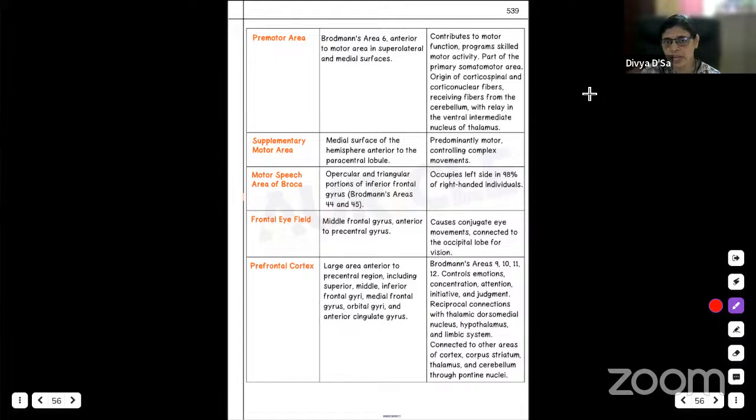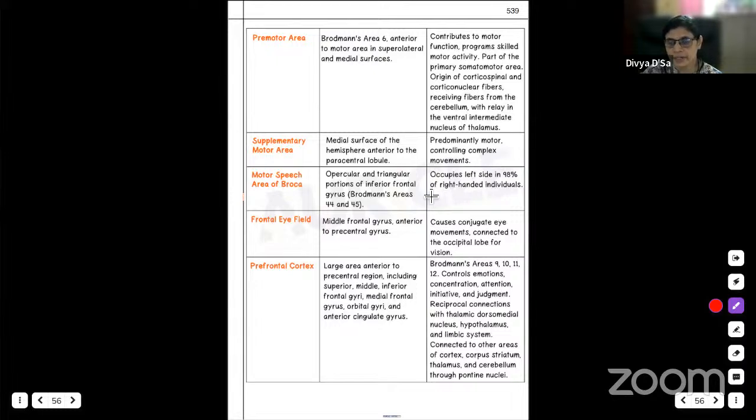That is a programmed skill motor activity. It's a part of the somatomotor area, and here the corticospinal and the corticonuclear fibers originate. Also it receives fibers from the cerebellum with relay in the ventral intermediate nucleus of the thalamus.